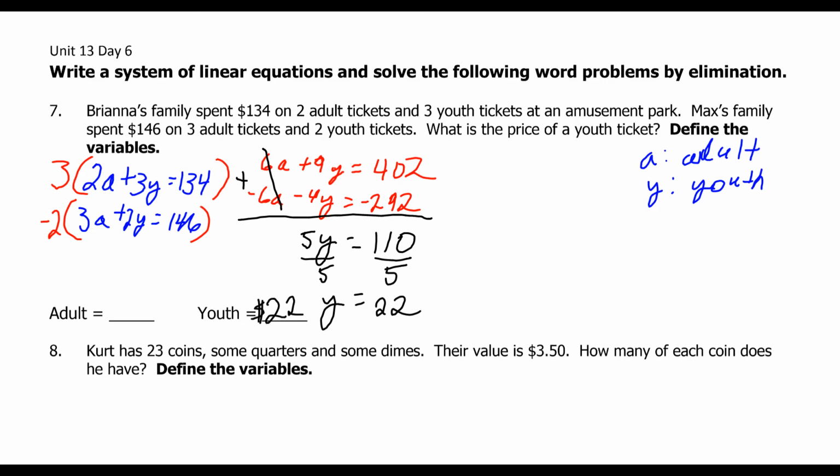Now we've still got to go back and find how much the adult ticket costs. So we take our 22 and plug it back into our original equation. So we're going to go 3a plus 2 times 22 equals 146.